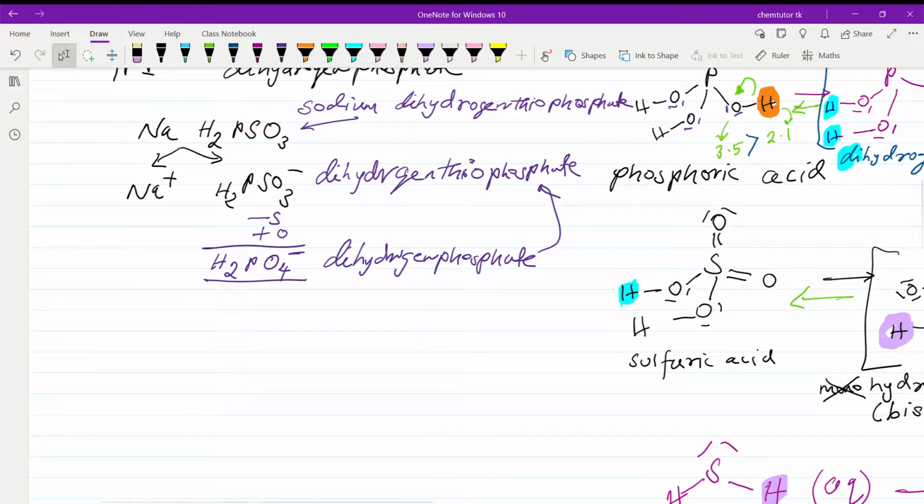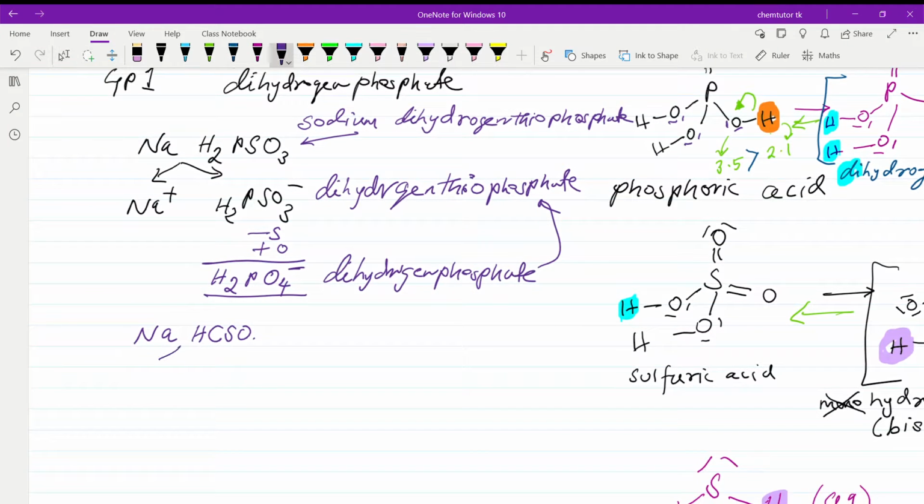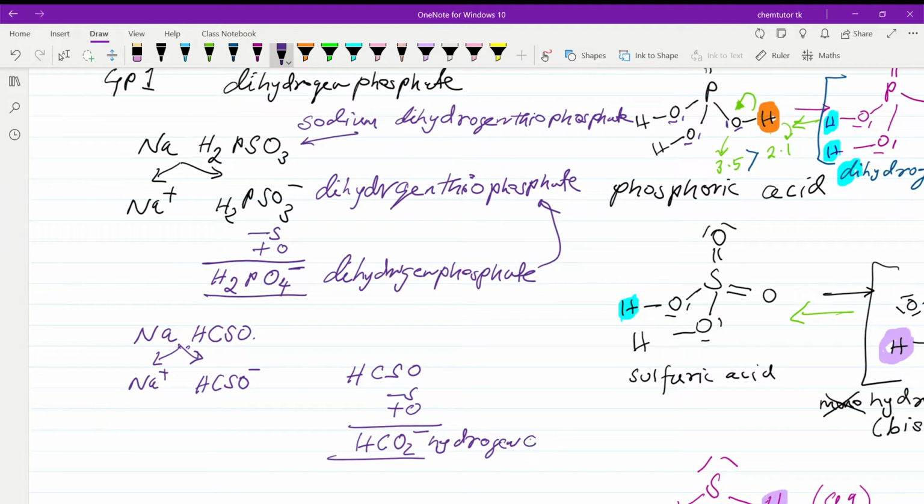Okay, so you can try another one similar to this. I keep the sodium as it is, HCSO, like this. So now you will figure out what this one is. So first separate these two. Sodium has a charge of 1 plus, so HCSO 1 minus. So you have to look at which one is the parent one. So you remove the sulfur and the oxygen. So now you will have HCO3 1 minus. So this is hydrogen carbonate.